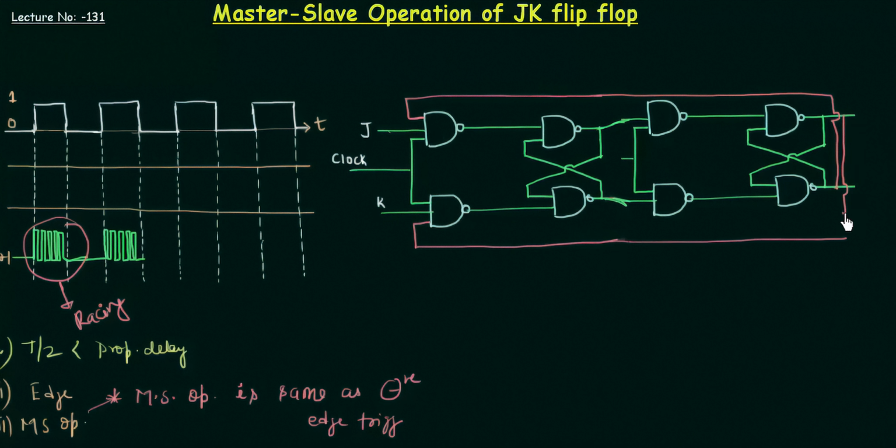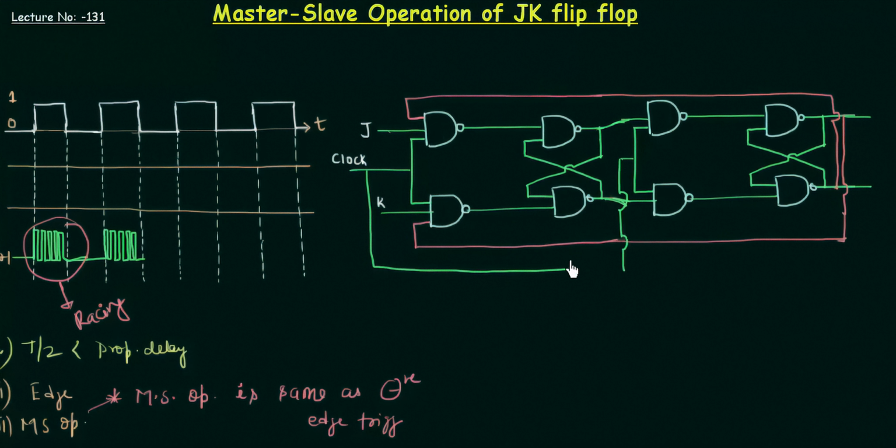There are basically two things you have to remember in master slave flip-flop. The first thing is this feedback, how to connect the feedback. And the second important thing is the clock. You can see a clock has been given to this stage, and also there is a slot for a clock for this stage. But instead of giving the clock directly to this stage, we will complement it first.